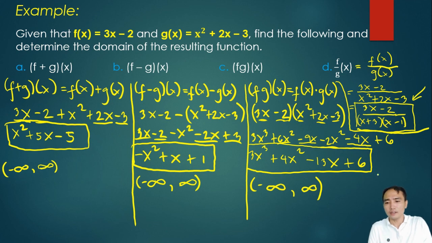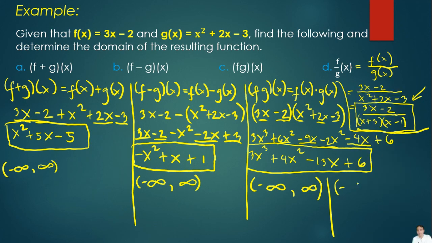So the domain for letter D will be from negative infinity to negative 3, union negative 3 to positive 1, union positive 1 to positive infinity.